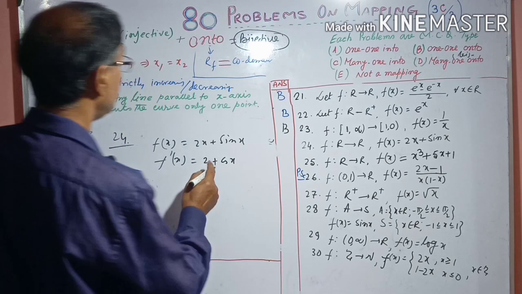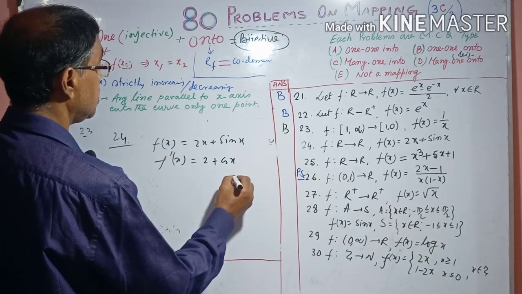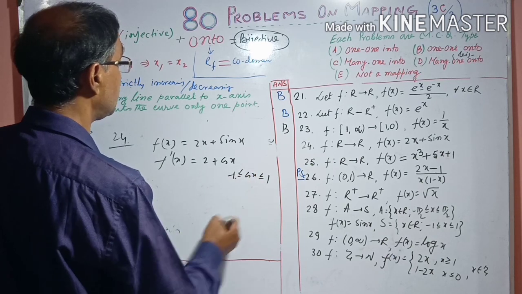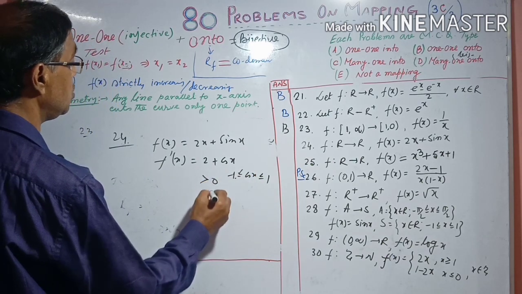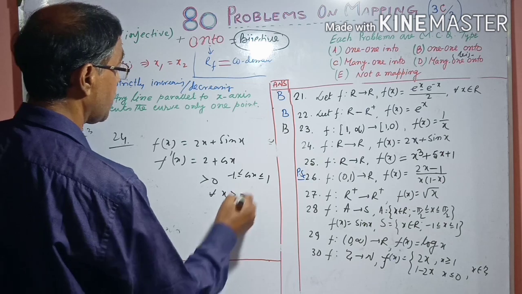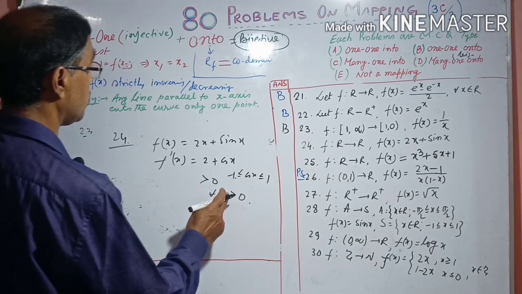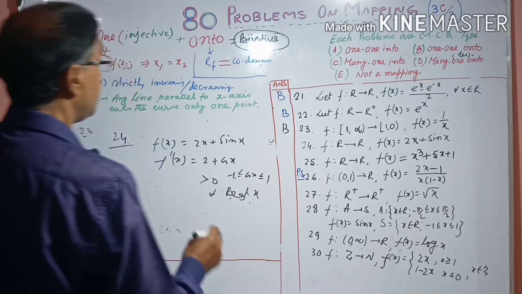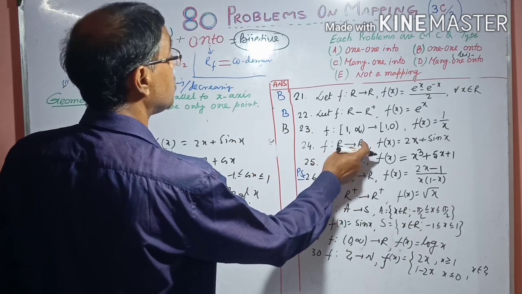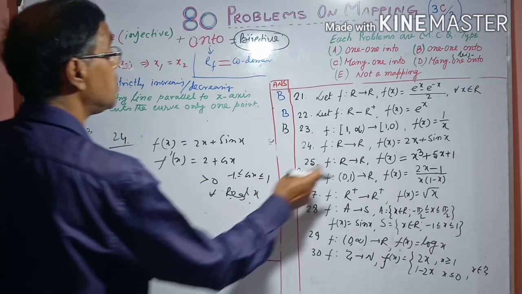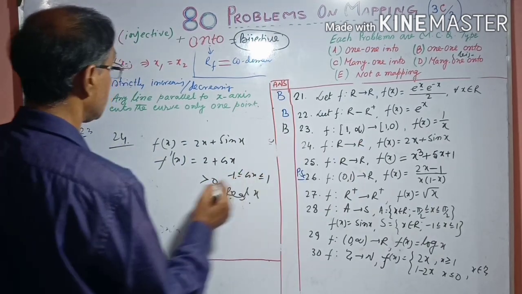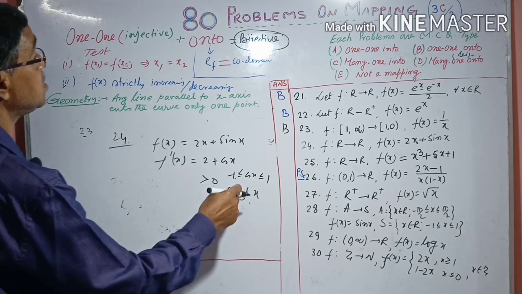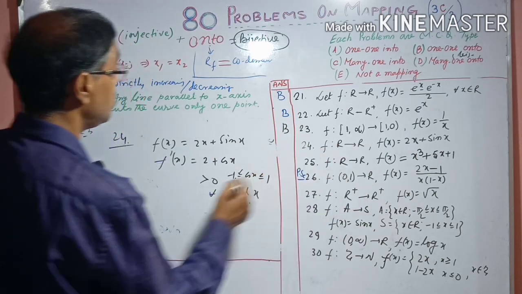As cos x is always between minus 1 and 1, this is always greater than 0 for all real x. Therefore the function is one-one, since f dash x is greater than 0, it is an increasing function, strictly increasing, so it is one-one also.